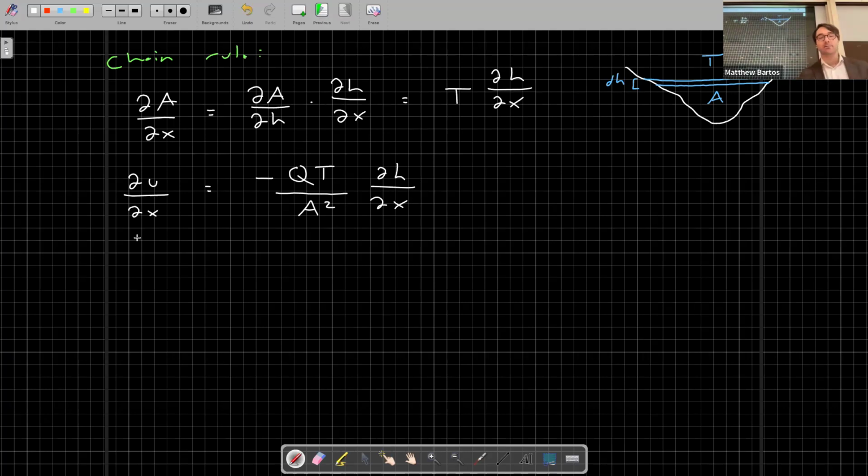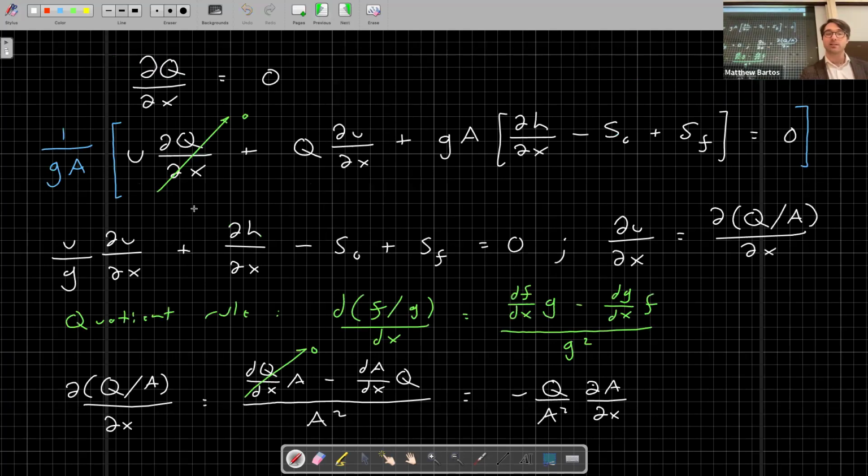So we can go back to the momentum equation. That says momentum. And let's plug in this expression for du/dx. So that's going to go in right here.